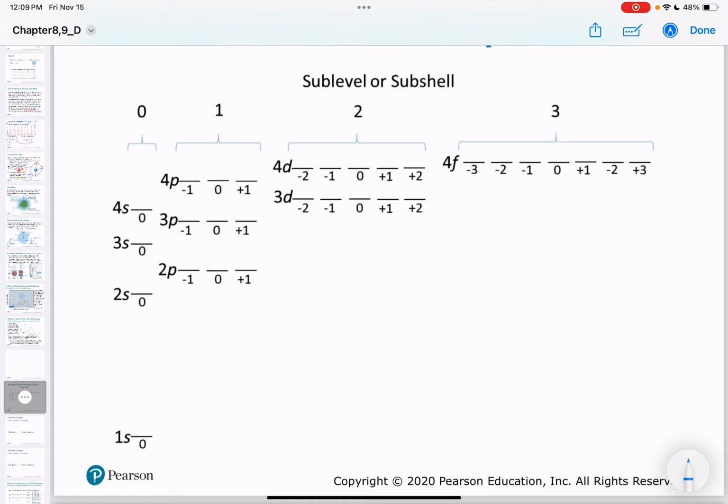Now, the order of these orbitals should be pretty comfortable for you at this point up until we get to this thing that we talked about on Wednesday, where the 3p goes up to the 4s, which is the next orbital in energy, and then back to the 3d. So that's probably where you're going to have the most difficulty.